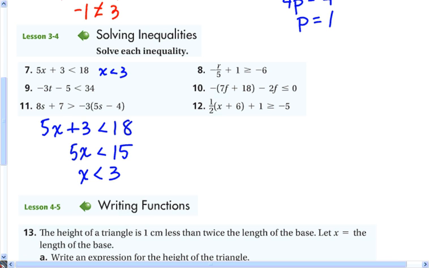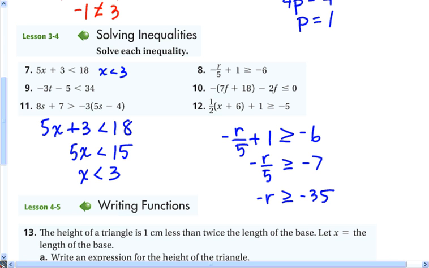On number 8, let's subtract 1 from both sides. Use the subtraction property of equality first, then we would get the opposite of r divided by 5 is greater than or equal to negative 6 minus 1, which is negative 7. Let's multiply both sides by 5, and then we get the opposite of r is greater than or equal to negative 35.